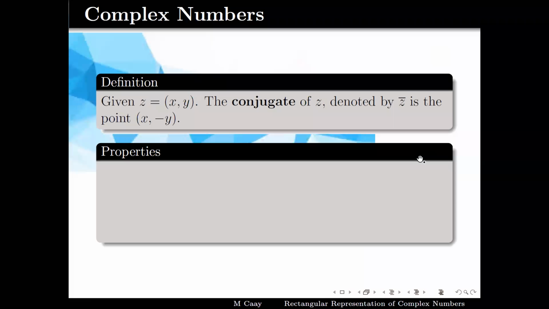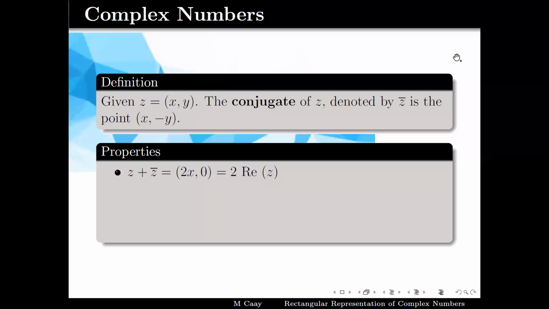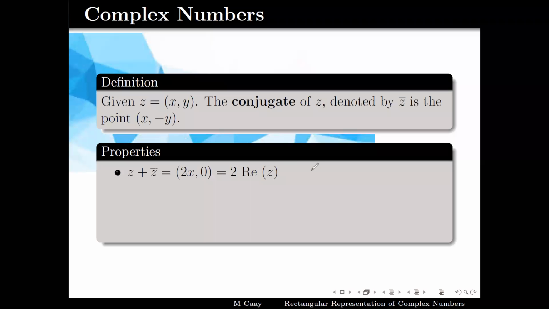So let's consider the properties here. The first property is this one: the sum of the complex number and its conjugate is the same as twice the real part of z. So how do we do that? Let's consider this proof here. Suppose you have z equals (x, y), and of course the conjugate of z is (x, negative y).